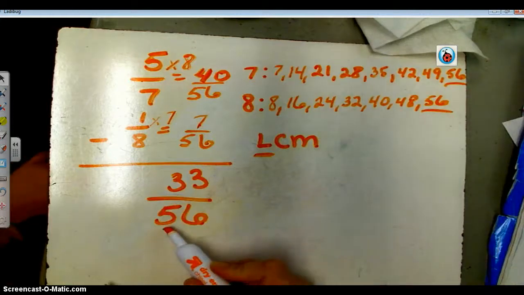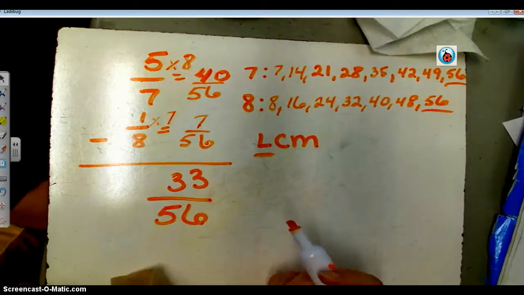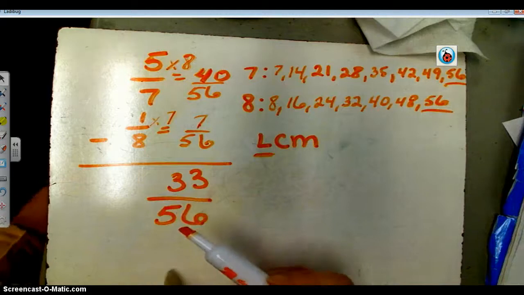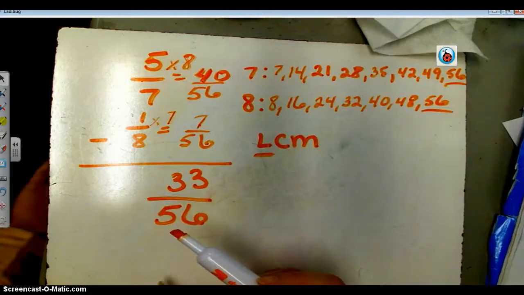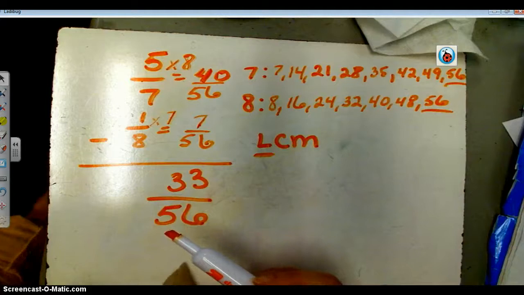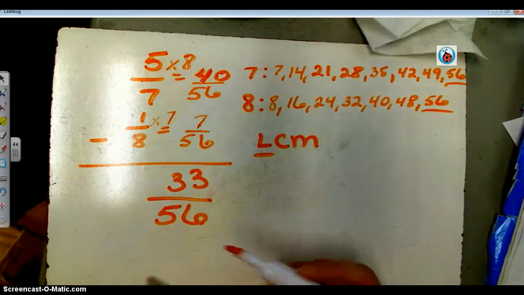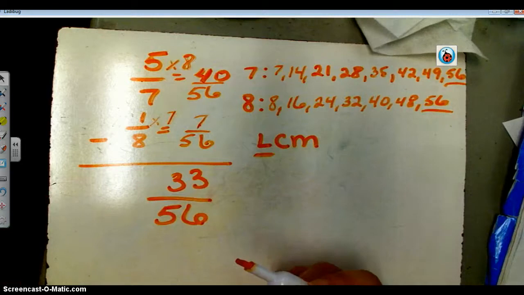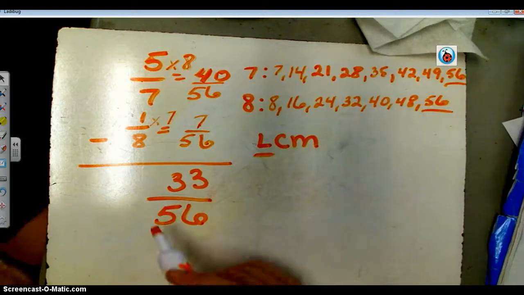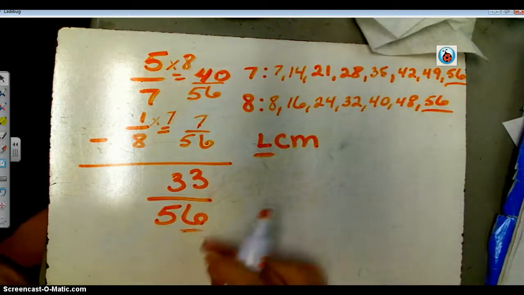Can a 3 go into 56? What's the rule for 3? Add the digits. Let's divide by 3. If it's divisible by 2, we know that this is going to be even, right?